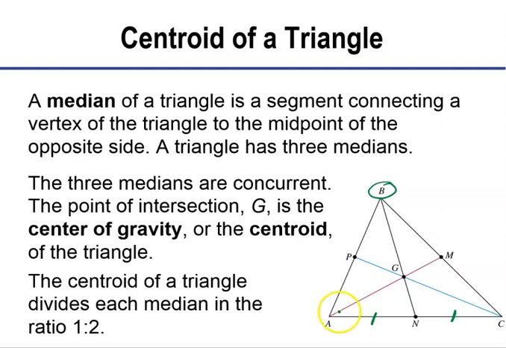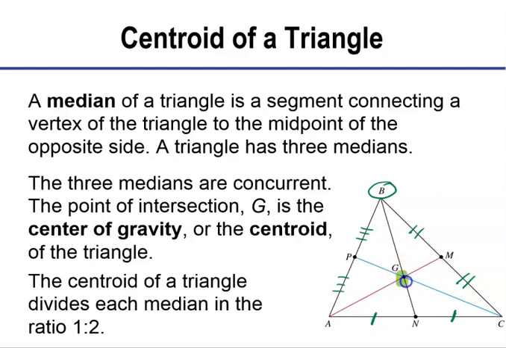Now, there's a median coming out of A as well, and then A comes to M, which means the length from BM is the same as the length from C to M. All right? And then coming out of vertex C, I draw a median which divides the line segment BA into BP and AP.